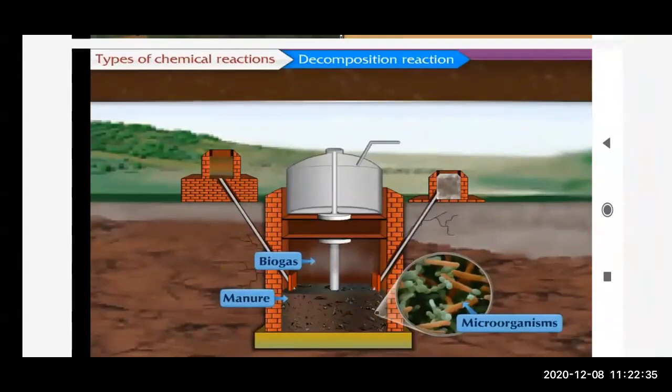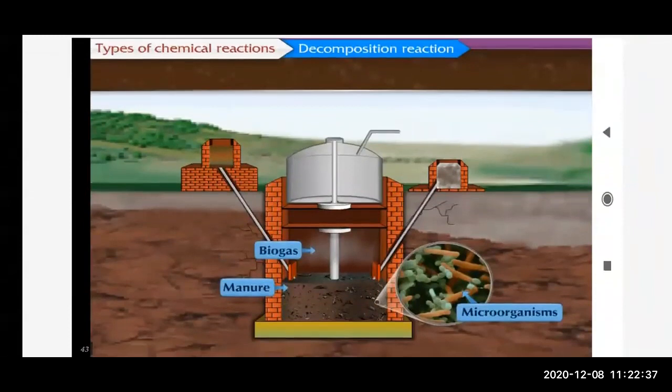As a result, manure and biogas are formed. The manure can be used in the field, and biogas is used as a fuel, right?